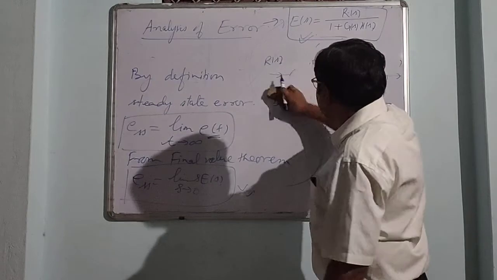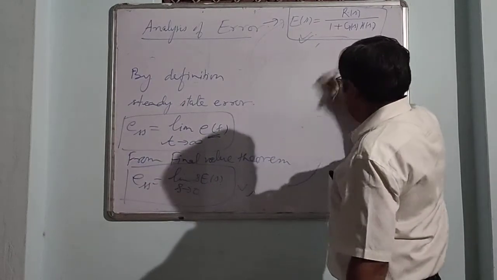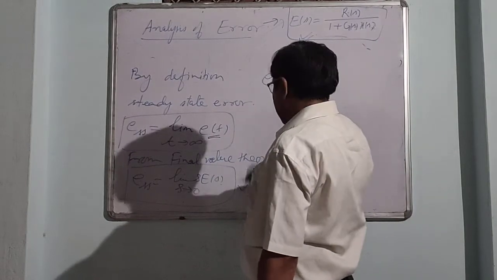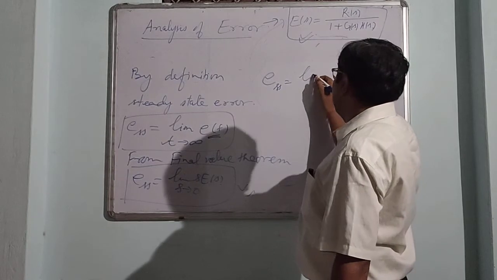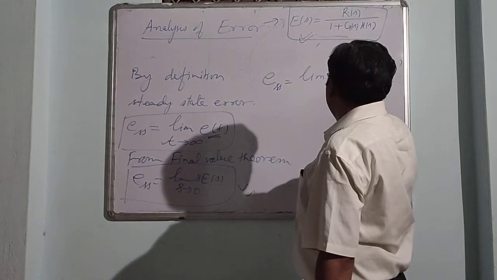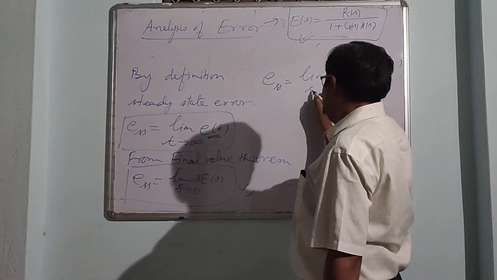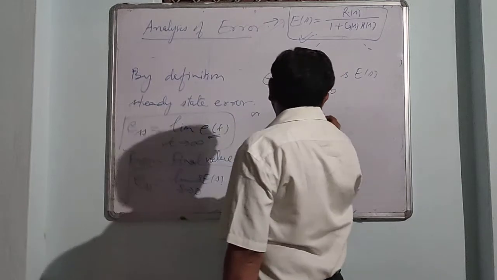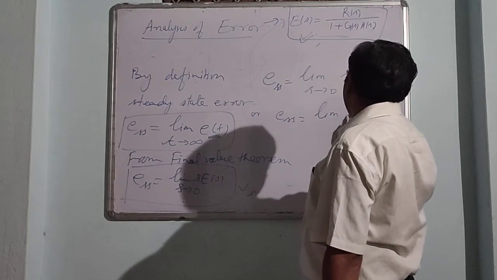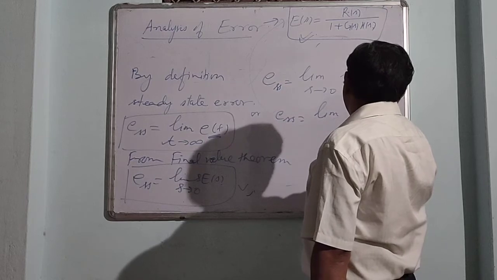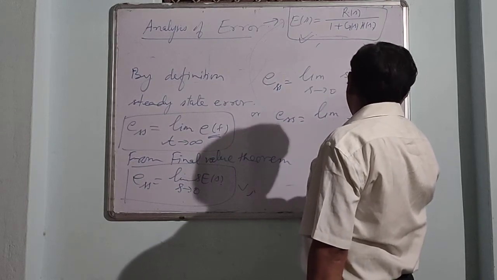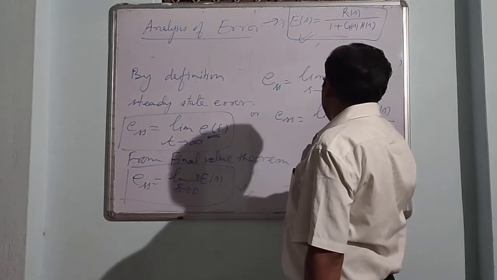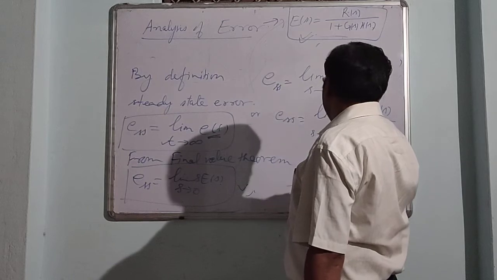So what is the final expression for steady state error? Steady state error equals the limiting value of sE(s) as s tends towards 0, or you can replace this with the limiting value of sR(s) upon 1 plus G(s)H(s), where s tends towards 0.